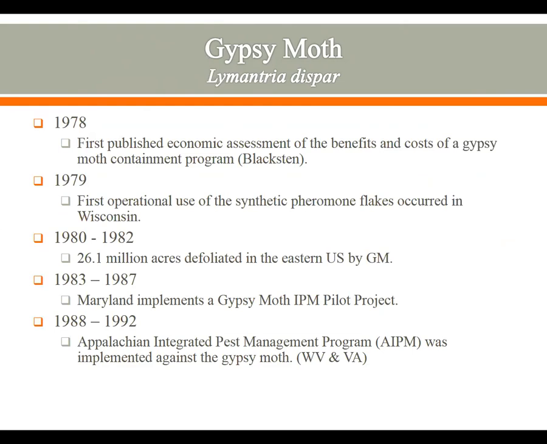In 1983 through 87, Maryland implemented a gypsy moth integrated pest management program pilot project. And then in 1988 to 1992, the Appalachian integrated pest management program was implemented in West Virginia and Virginia. So these two integrated pest management programs led to the start of what we now call the Gypsy Moth Slow the Spread project.